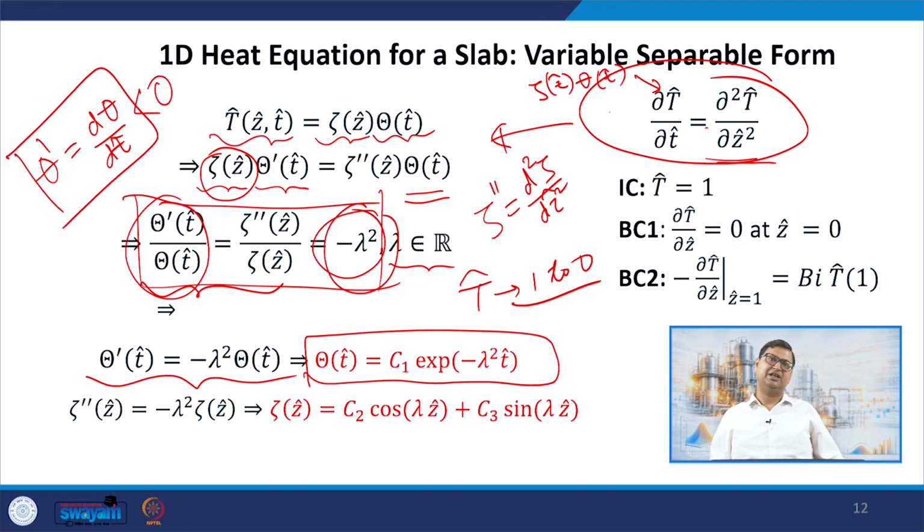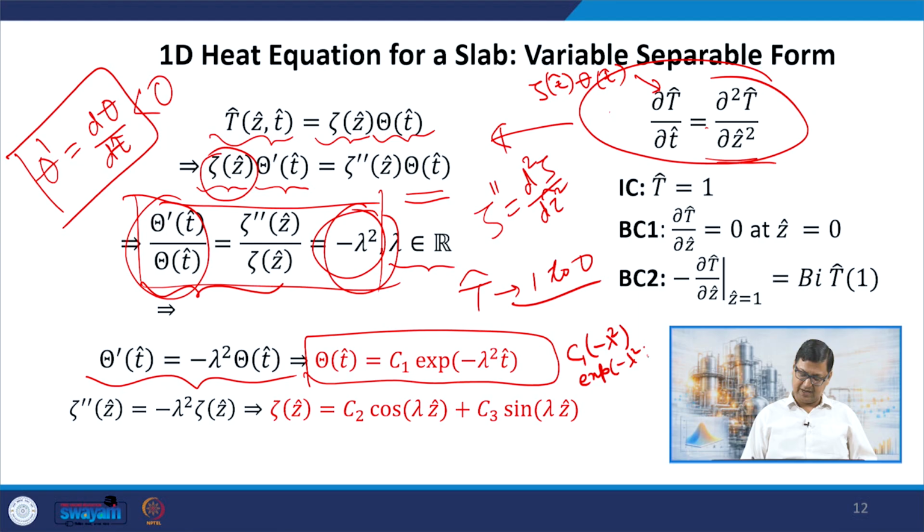Theta of t is something like some constant multiplied with exponential of minus lambda square t. You can always convince yourself by taking its derivative and putting it there. So, the derivative of this with respect to time is something like C1 into minus lambda square exponential of minus lambda square t cap, and that gives me minus lambda square theta, right.